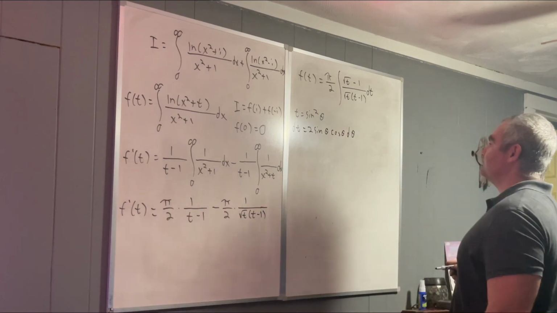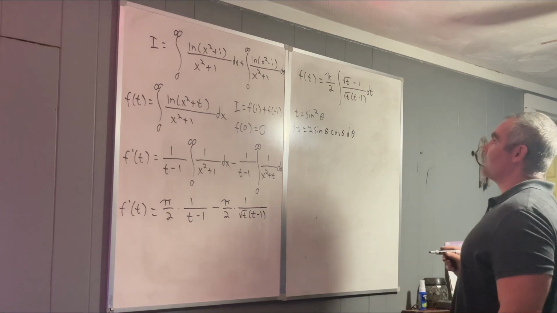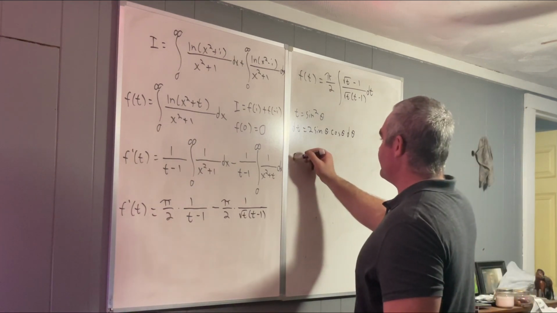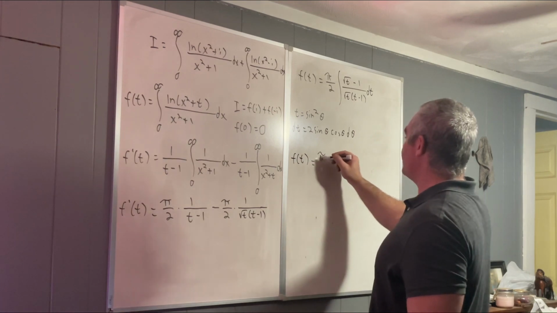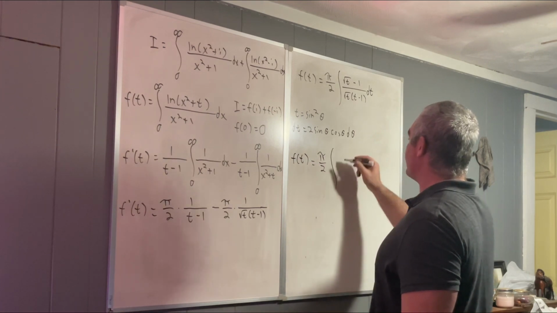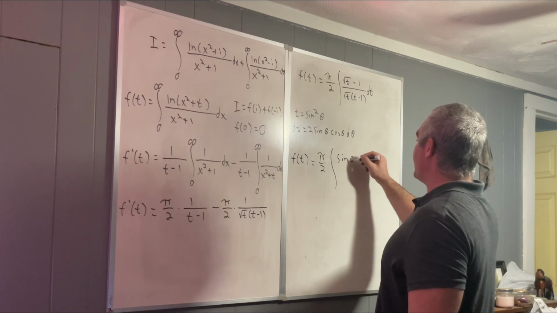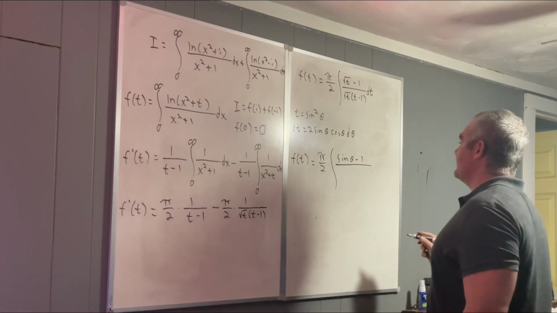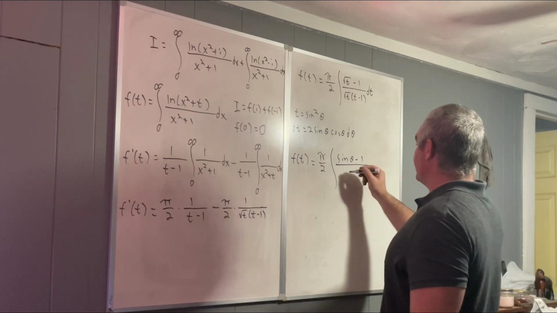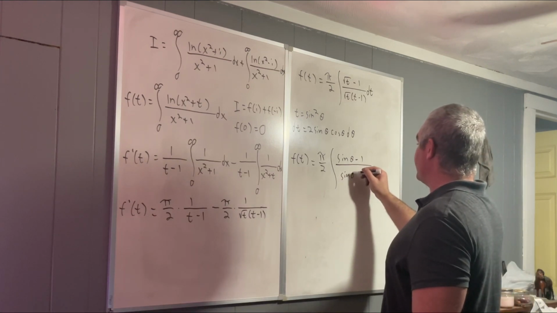So let's rewrite our integral. So we have f of t is going to be equal to pi over 2 times the integral of sine theta minus 1 over sine theta.